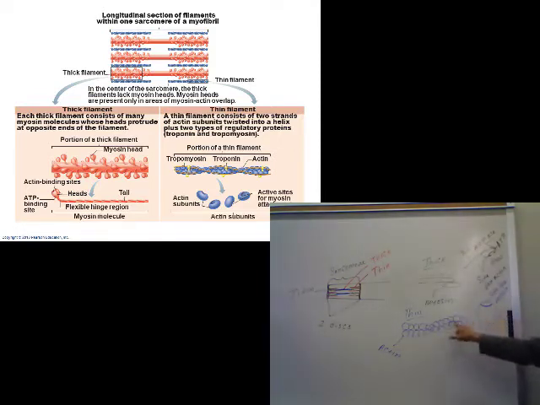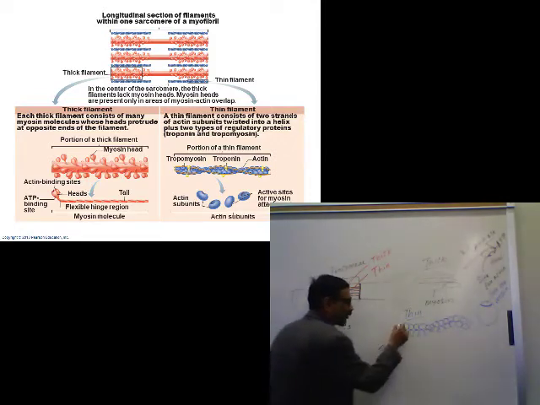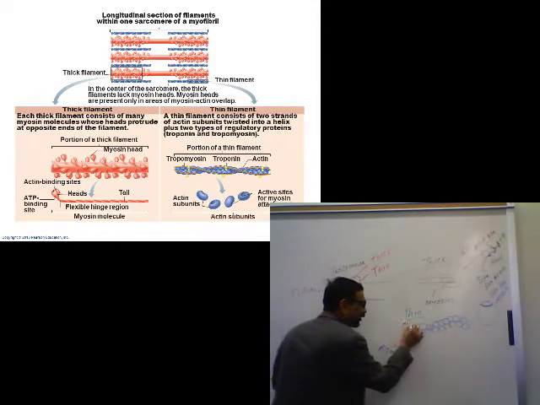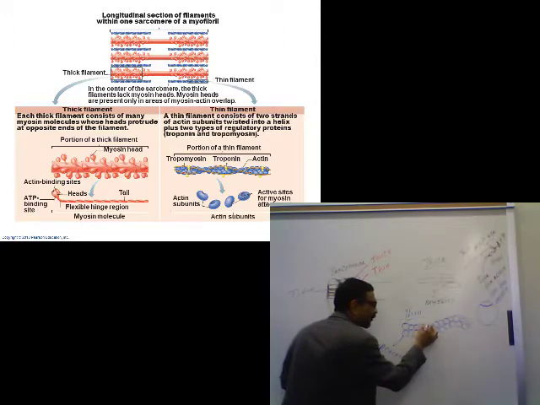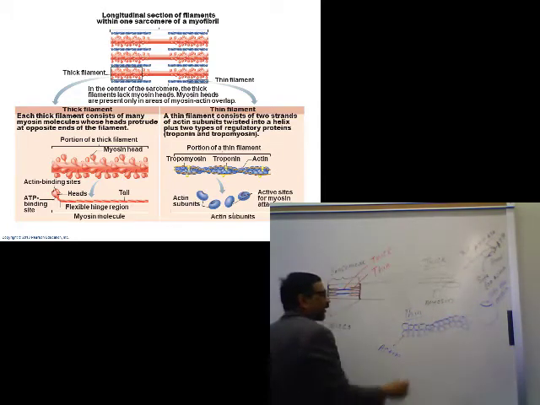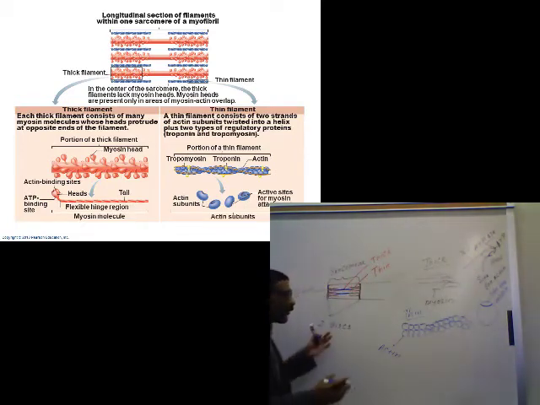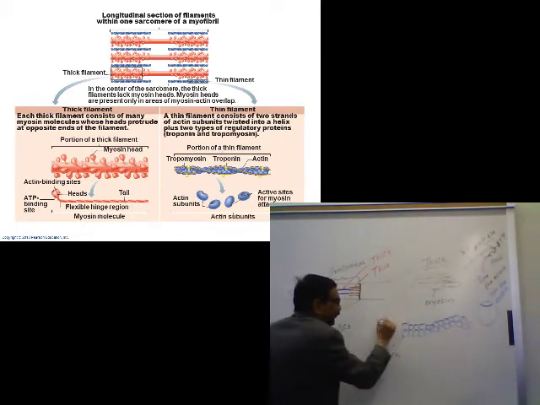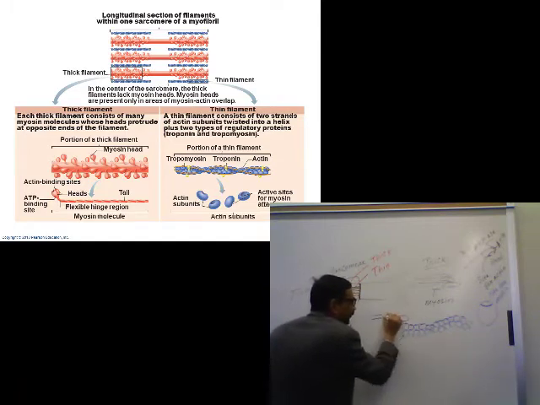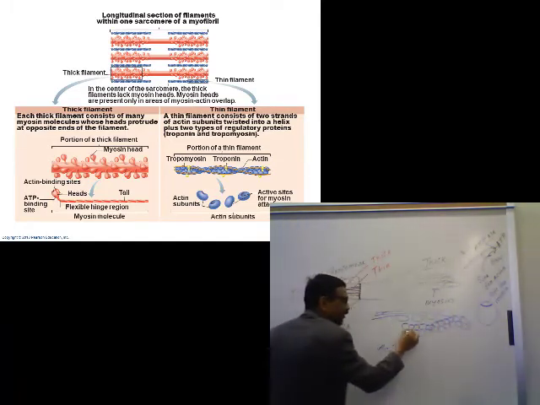Yes, yes. Actually it is like this, you see. On the top of each actin you have a binding site for myosin, make sense? And on each head you have a binding site for actin. These are myosin heads here, and these are actin balls.